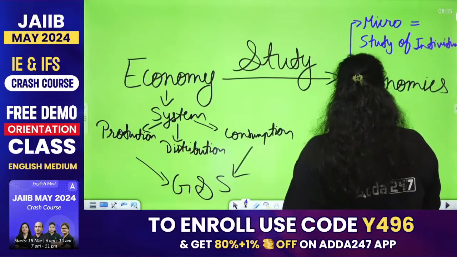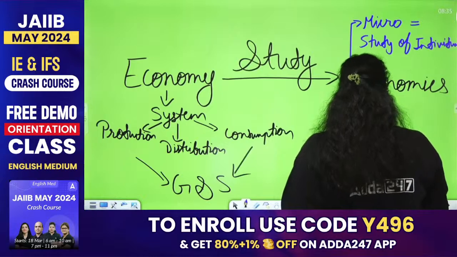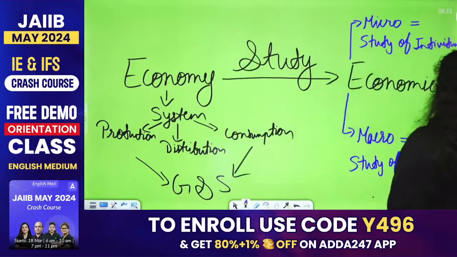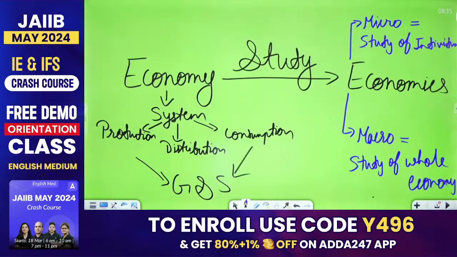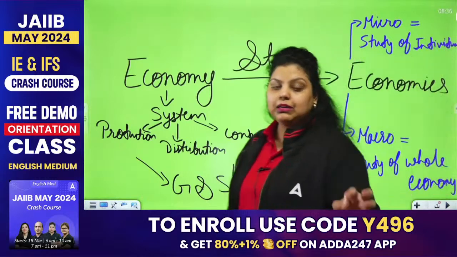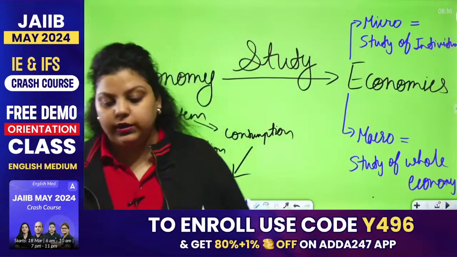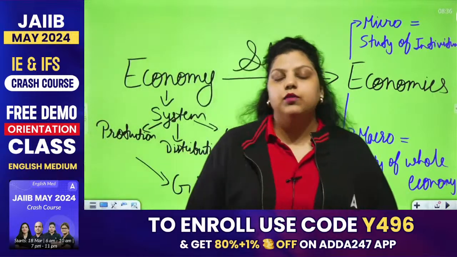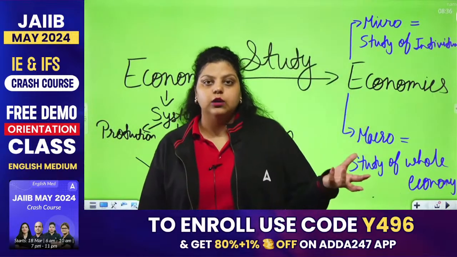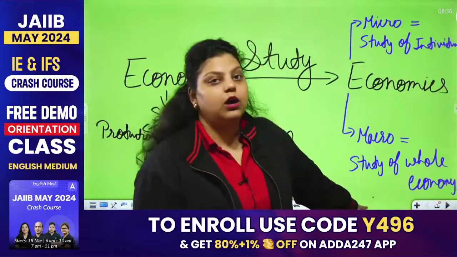Macroeconomics is the study of the whole economy. So when you study the whole economy, that is known as macroeconomics. Do remember, this is the foundation class for the economics terms that we are going to start from tomorrow onwards.